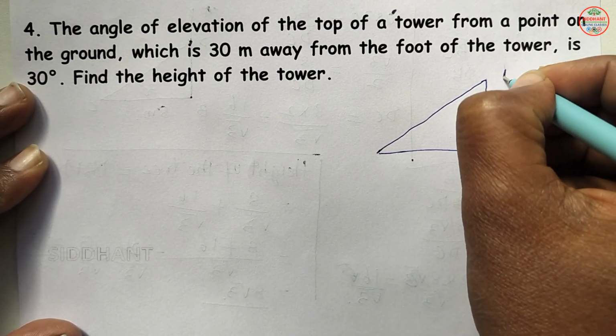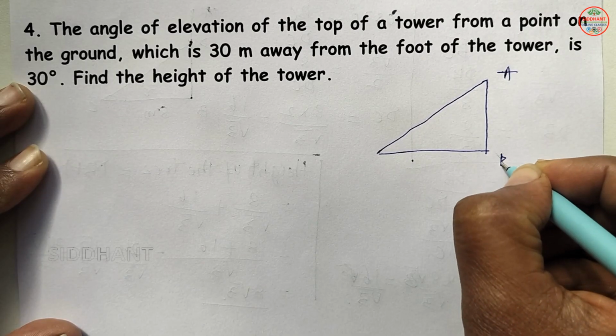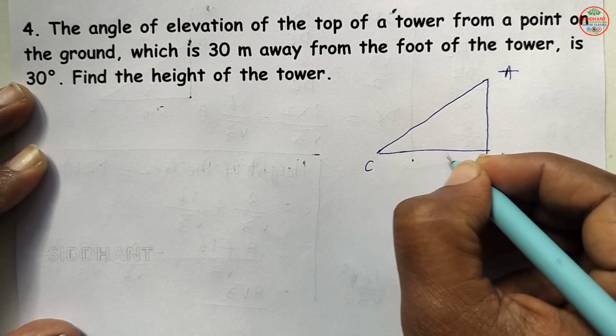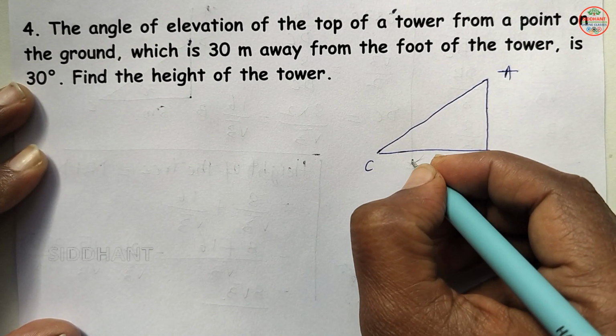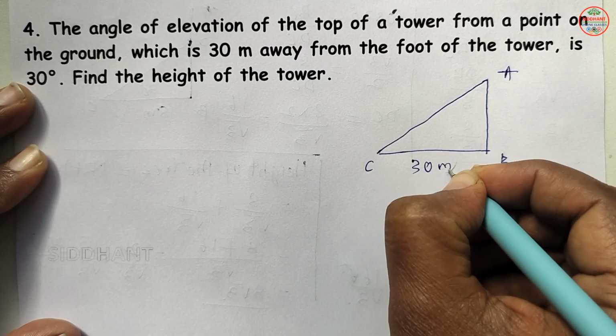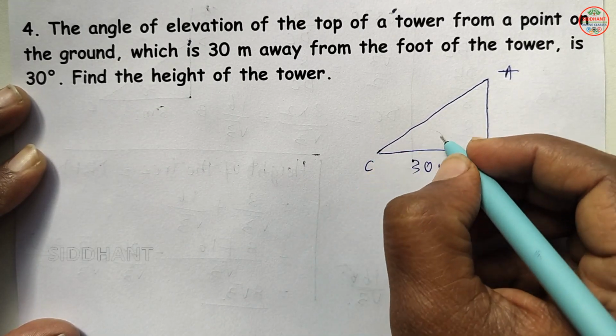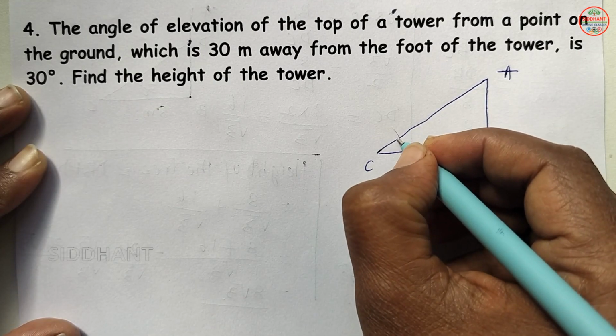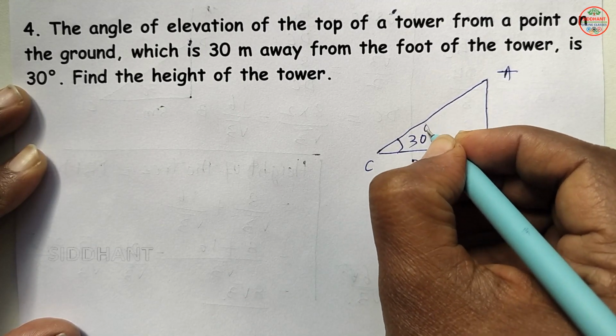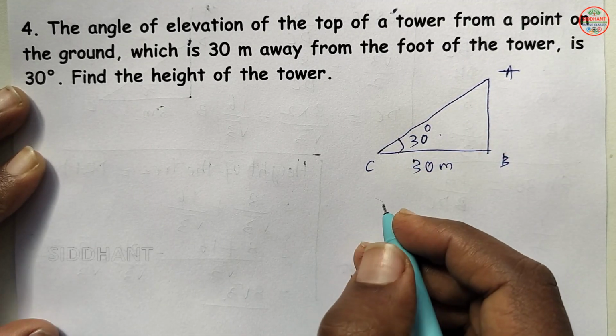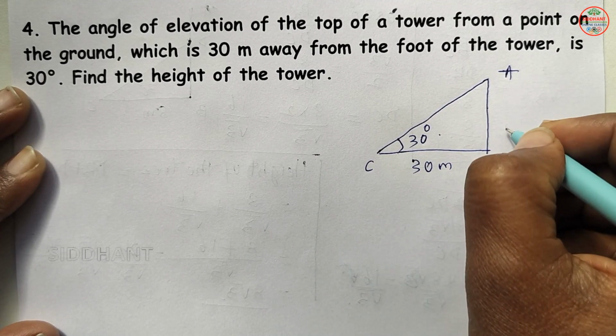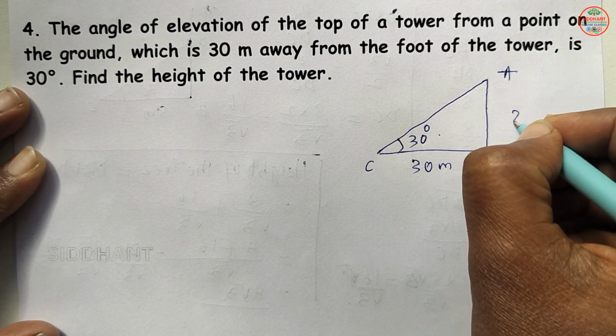Let it be A, B, C. So the BC length is 30 meters, and the angle of inclination is 30 degrees. We are going to find out the height of the tower, which is AB.